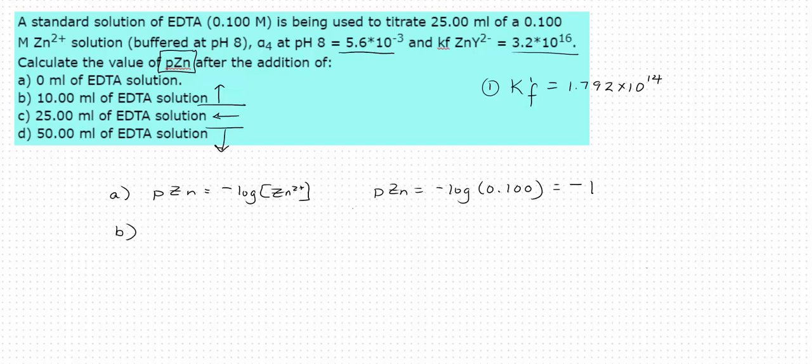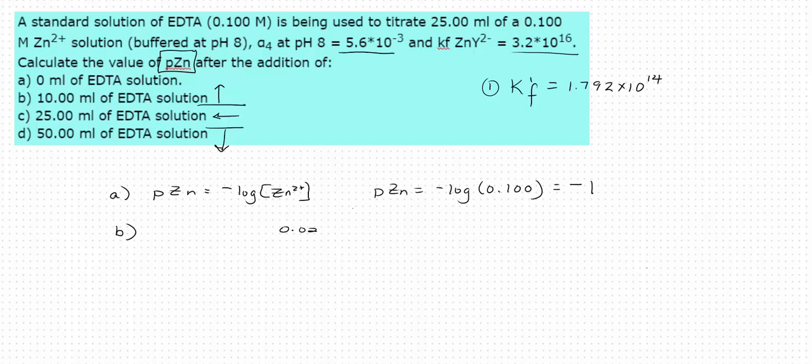When we have 10 milliliters of EDTA that is added, we have then neutralized, as it were. If you think of this as an acid-base reaction, we've used up 10 milliliters because they're the same concentration. We've used up 10 milliliters of our zinc. So we have an excess of 15 milliliters. If you want to think of it that way, you go right ahead. I'm going to calculate it the longer way, however, for those of you who might need that.